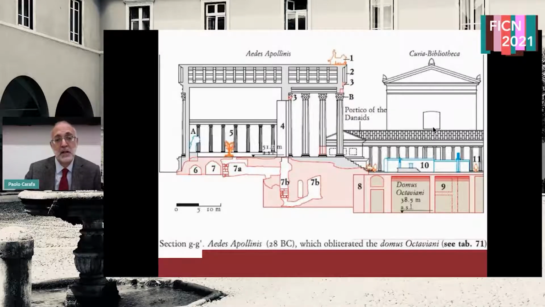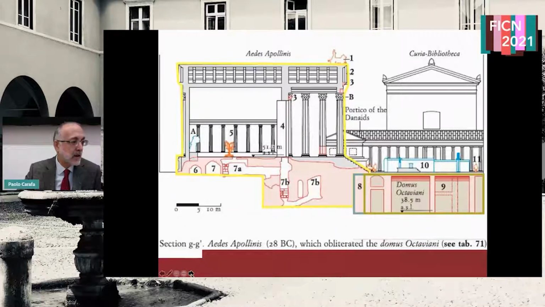Now in this section, we see in red the remaining features we can still see today. We have one block represented by the house with paintings, a number of foundations, and a new temple resting on top of this. Now, the way the features are connected to one another reveals to the archaeologist the correct sequence of what happened in time.